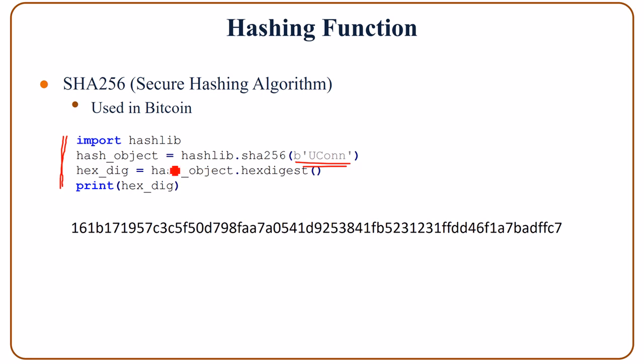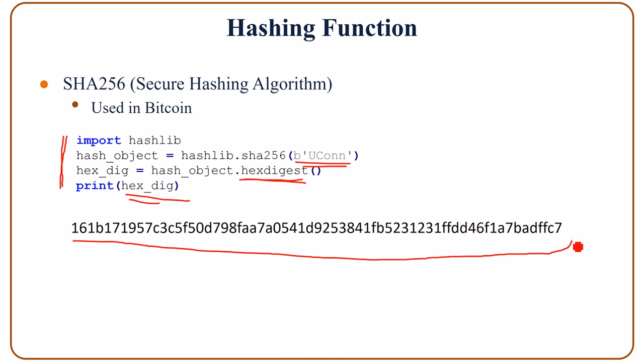The hash can later on be returned using hexdigest and can be printed. And this is what you can see as the hash of the string Yukon.